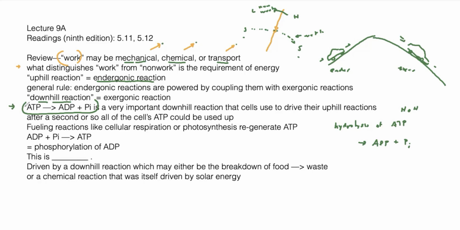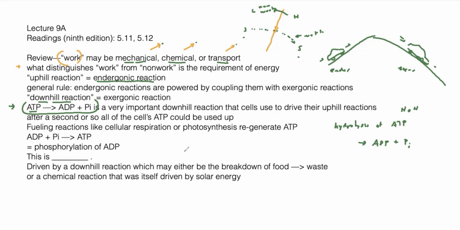Okay? And in a sense, what this means is that ATP is like our energy currency. It's like energy in the bank. When we have lots of ATP available, we have lots of energy available to drive my cellular work reactions. But there's only a certain amount of ATP that can be there in the cell, right?